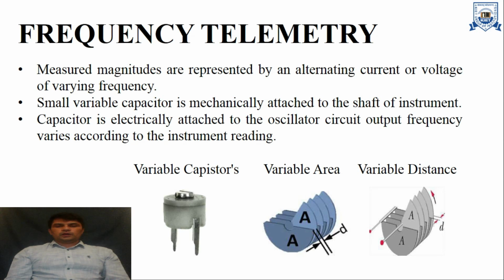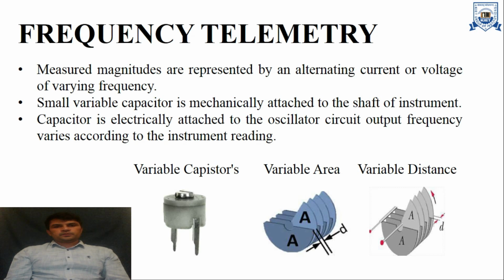A small variable capacitor is mechanically attached to the shaft of an instrument. The capacitor is electrically attached to the oscillator circuit. Output frequency varies according to the instrument reading.